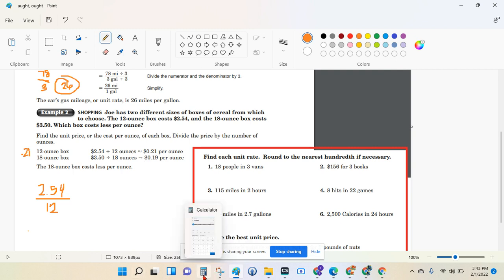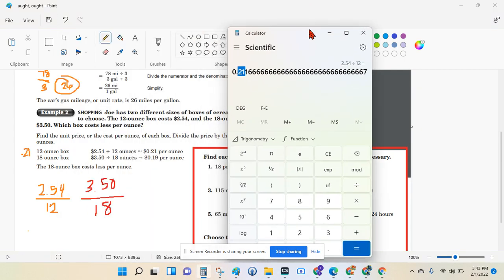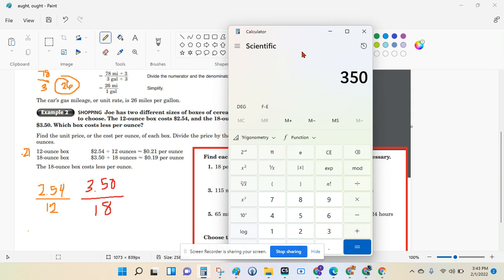Now, if we were looking at the 18-ounce box for $3.50, we're going to do the same thing. We're going to say $3.50 over 18, or $3.50 divided by 18. One thing you want to make sure of when you're doing these is that you do put the decimal in there if it's talking about money. Because if we say 3.50 divided by 18 without it, that means every ounce in that box would cost roughly $19.